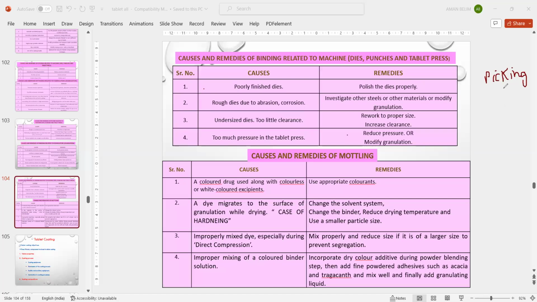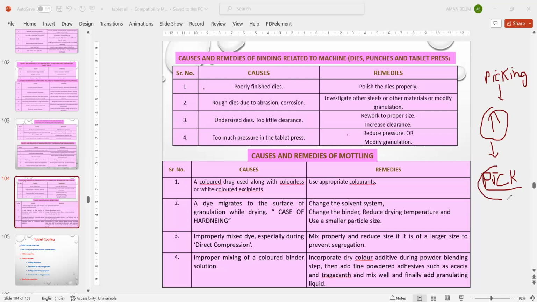When the punch moves upward, it will pick some mass from the tablet, and your tablet surface will be somewhat exposed to the external environment. So that is picking.